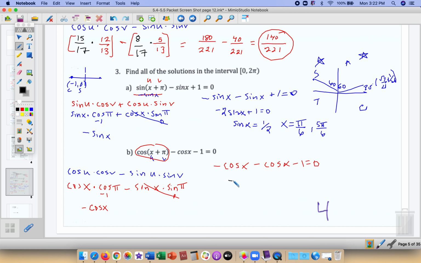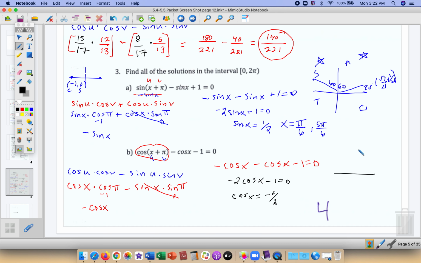We combine like terms again, and we have negative 2 cos x minus 1 equals 0. Now we add 1 and divide by negative 2, so we'll have cos x equals negative 1 half.